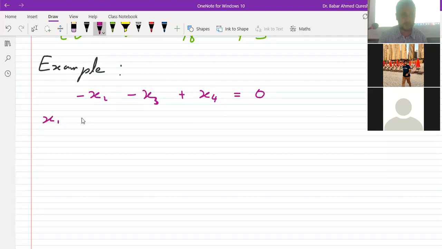So that is the first equation. This is the second. And this is the third relation.